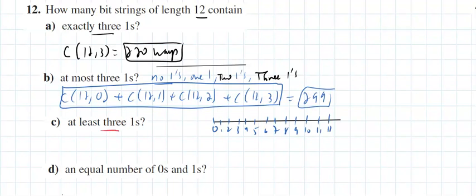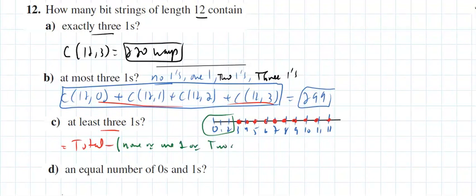When it says at least 3, 3 or 4 or 5 or 6 or 7 or 8 or 9 or 10 or 11 or 12, it's this. Or we could say that's the total minus what's left. None, or 1 one, or 2 ones.